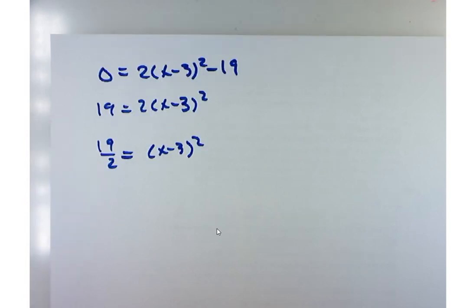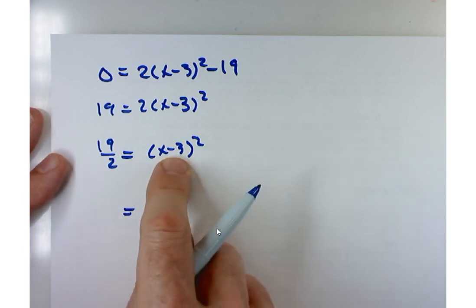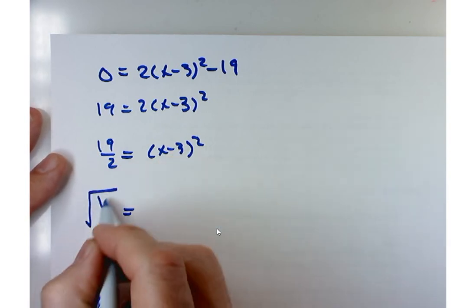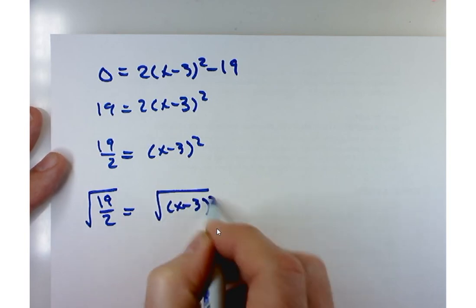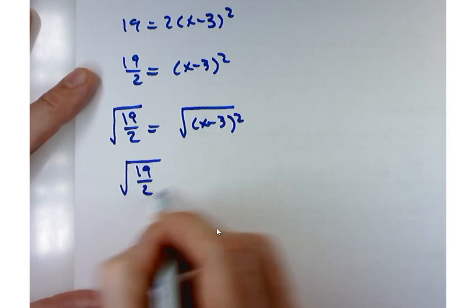How would I solve in this case? What would you do now to finish solving? To get x by itself, or at least start getting x by itself. Square root on both sides. And I'm going to run into one problem.